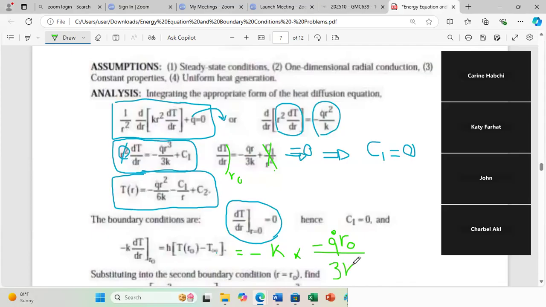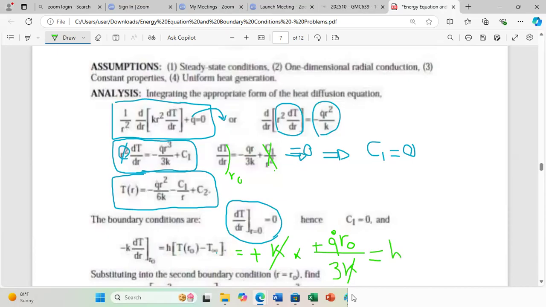So as you can see, K will cancel out. And minus minus will give us plus. So plus Q dot R0 over 3 is equal to H times. Now we have to replace TR0 by its expression, okay? So we go to this equation and we replace.